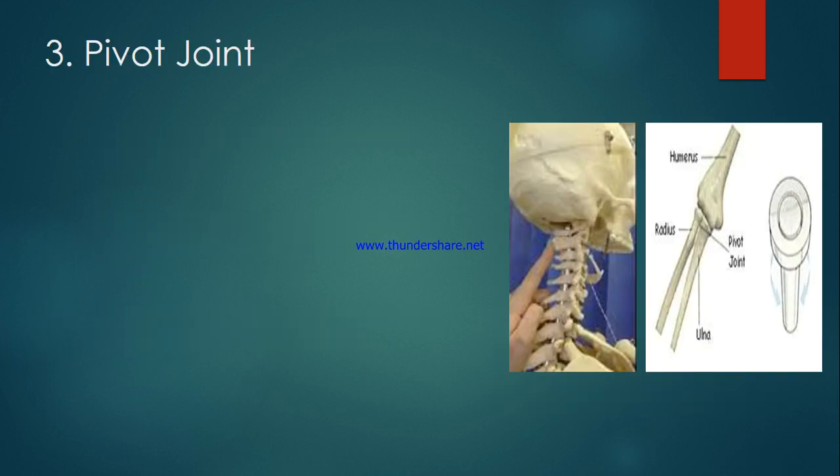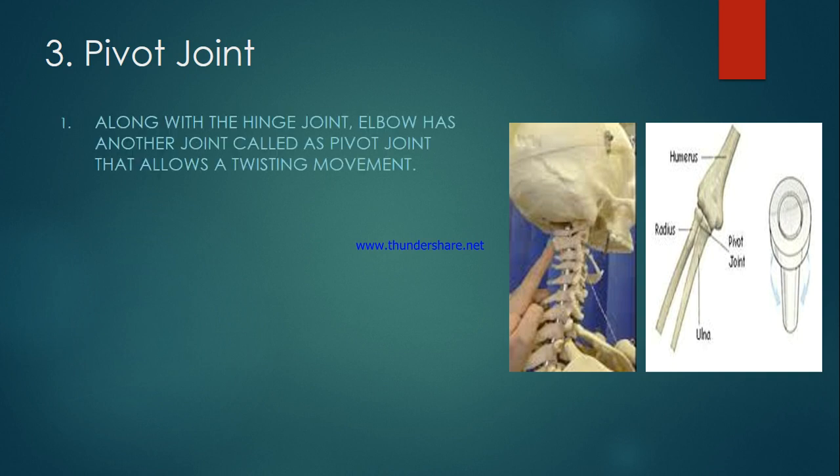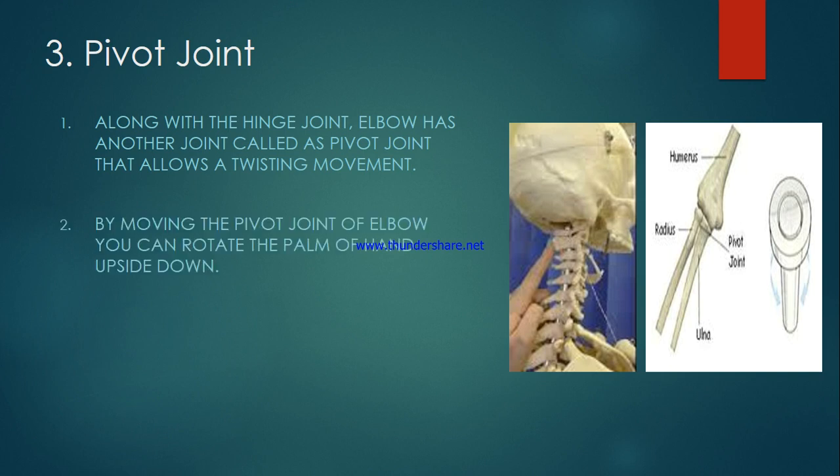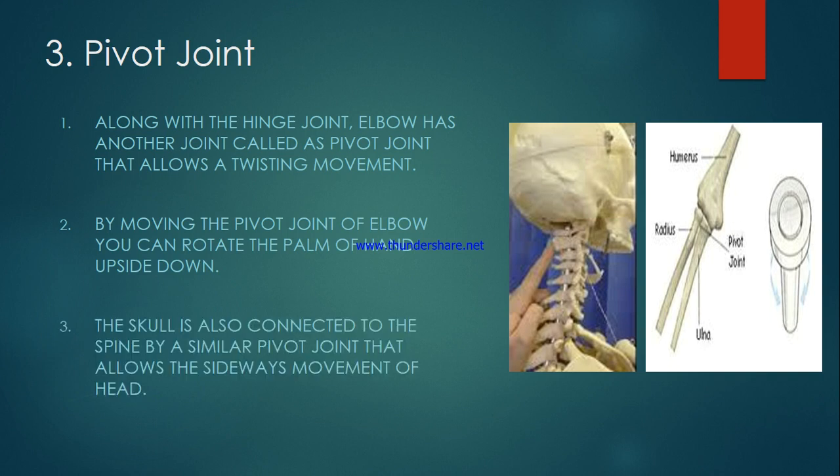The next freely movable joint is pivot joint. Along with the hinge joint, you have observed in the diagram that elbow has another joint which is called pivot joint that allows a twisting movement. By moving the pivot joint of elbow, you can rotate the palm of hand upside down.